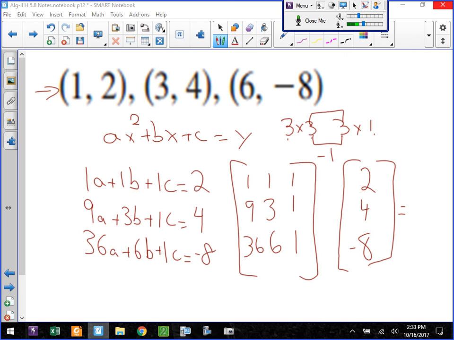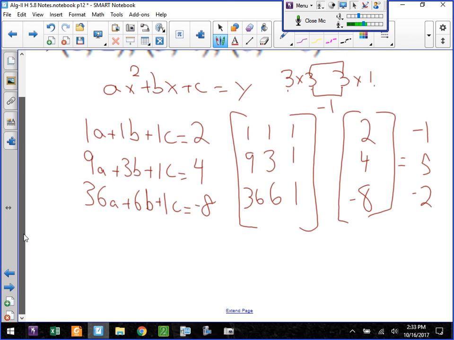A lot of handwriting. What'd you guys get for your solution matrix then? You got -1, 5, -2, which means your answer was -1x squared plus 5x minus 2.